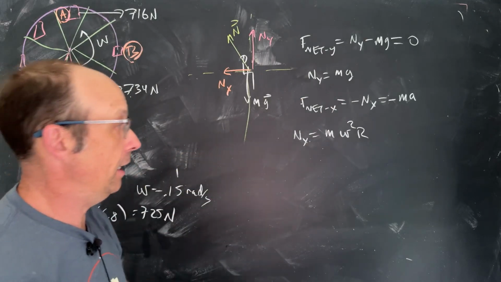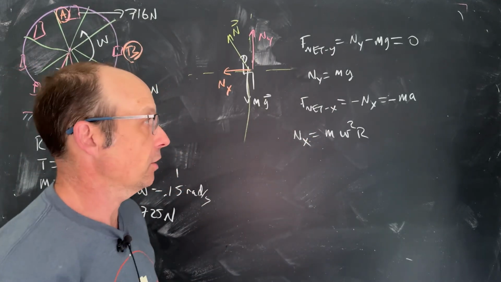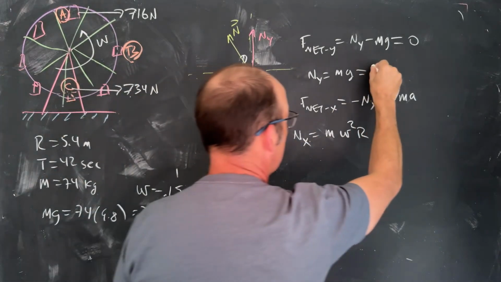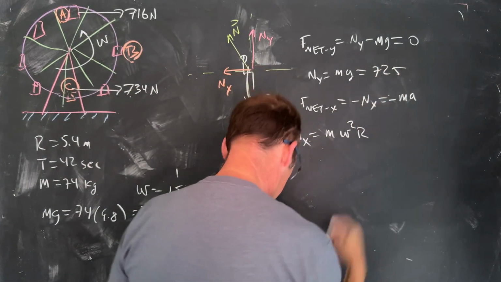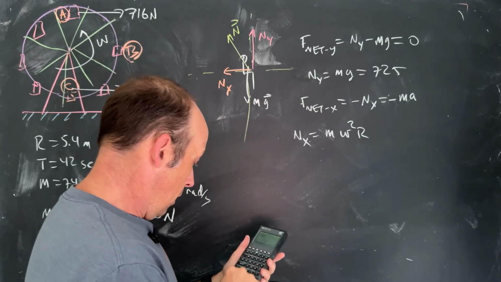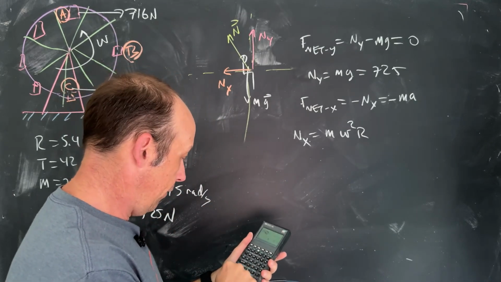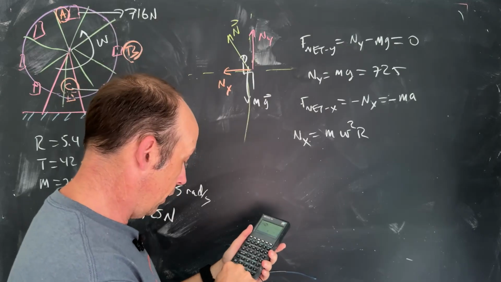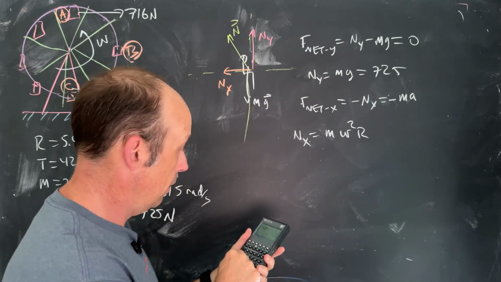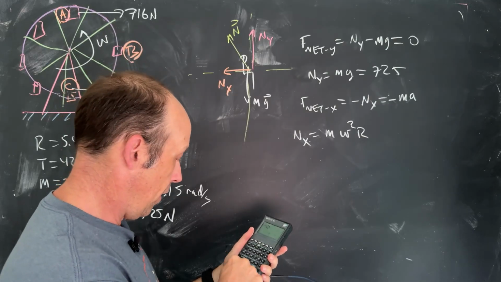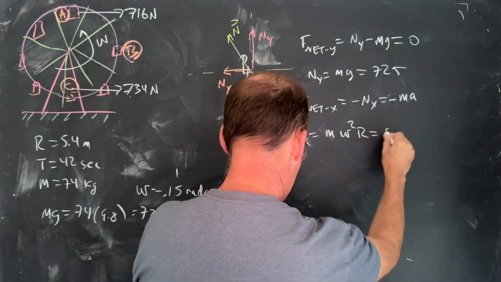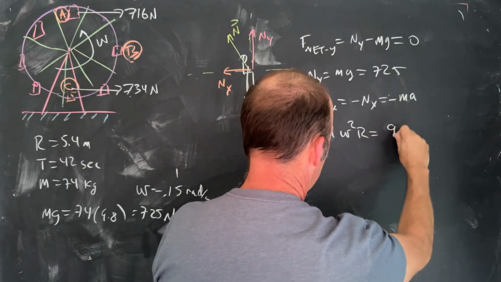I can calculate n x. Let's just get values for both those. I actually already have that one. Right, it's 725, mass times g, 725. Let's get this one right here. Okay, so I have the mass 74, I have the angular velocity 0.15 squared times 5.4 times, and I get 8.99.